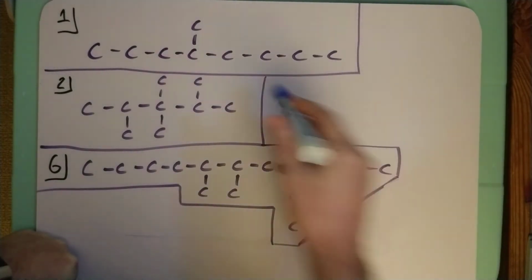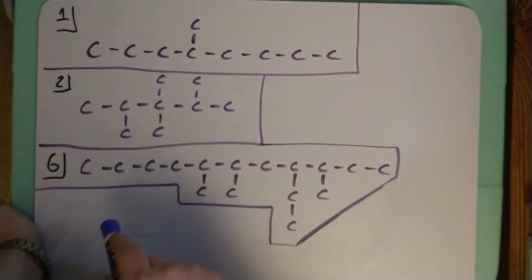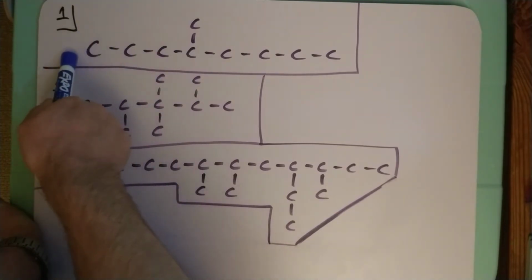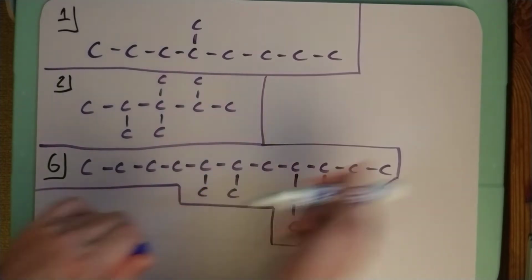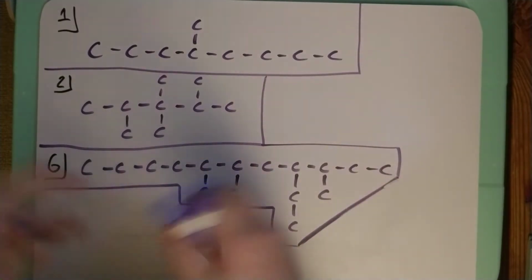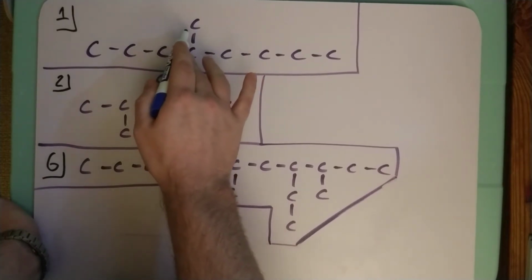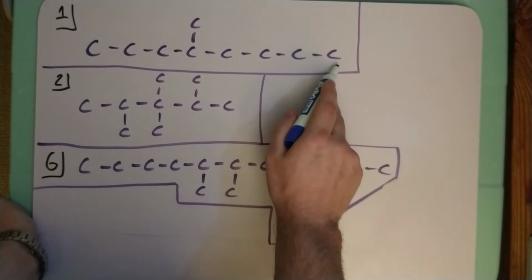So, if we take a look at number 1, we only have one branch. Now, that branch is closer to this end than it is to this end. So when we number this, we want to make sure that this carbon is as low a number as possible. But only this carbon or this carbon can be carbon 1.